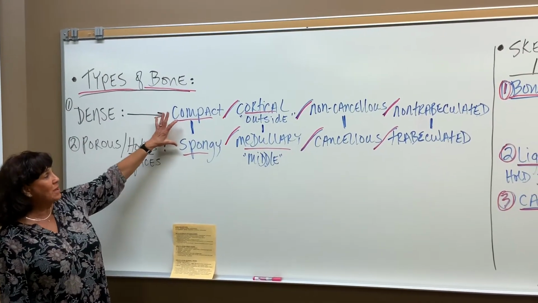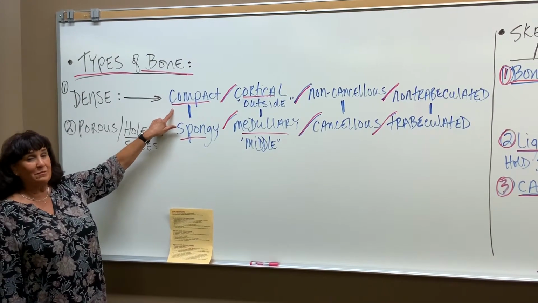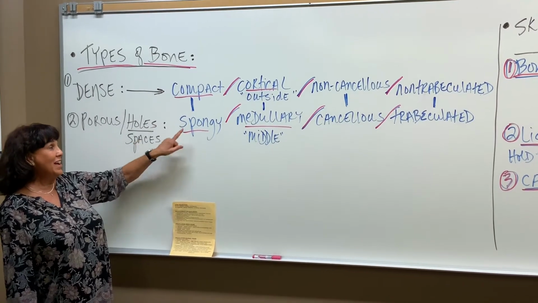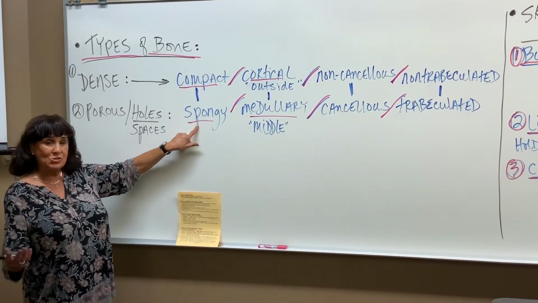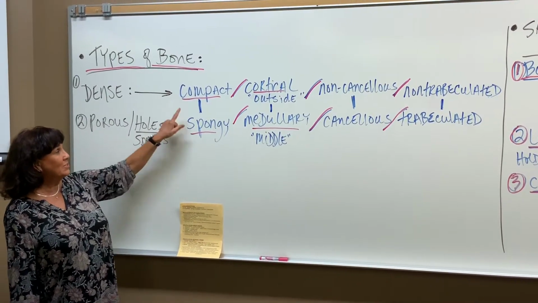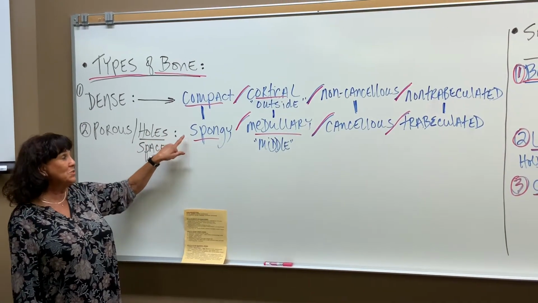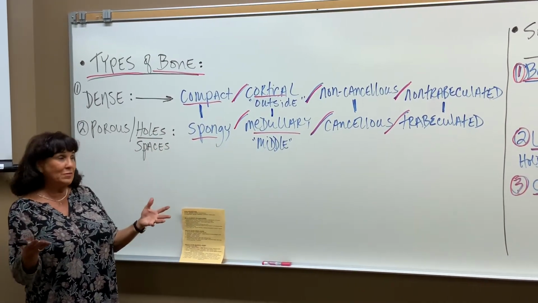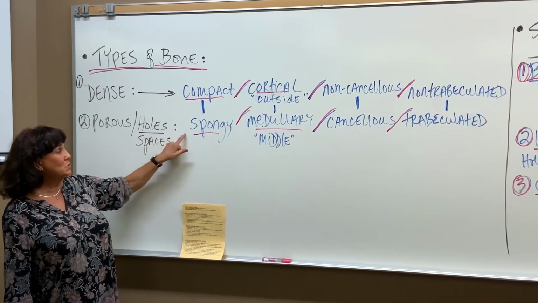So they sort of match up as pairs. Compact bone means very thick and dense. And what's the opposite of compact? Spongy bone. Sponges have holes in them, and so that's the opposite. And all of our bones are made out of both compact and spongy. Different amounts of the two, but we definitely have dense and holey bone, spongy bone.